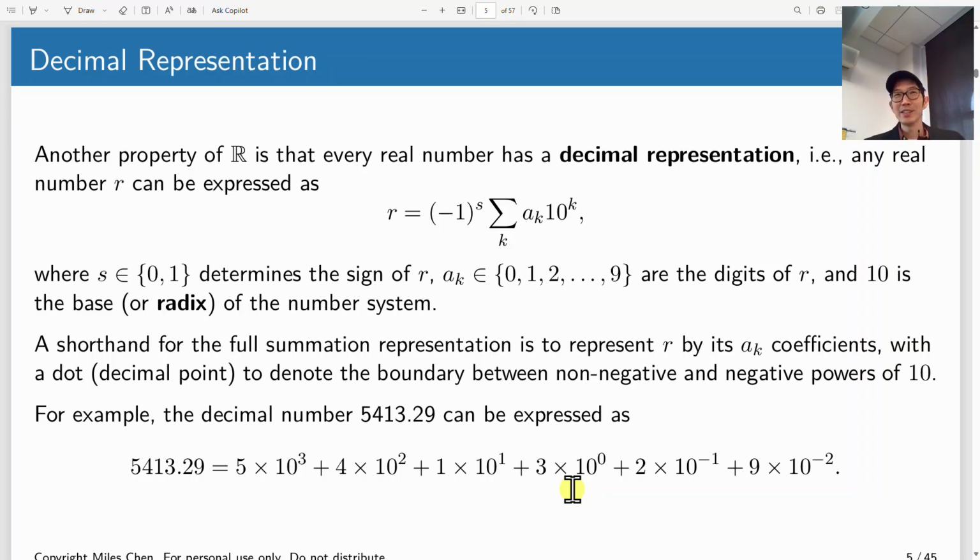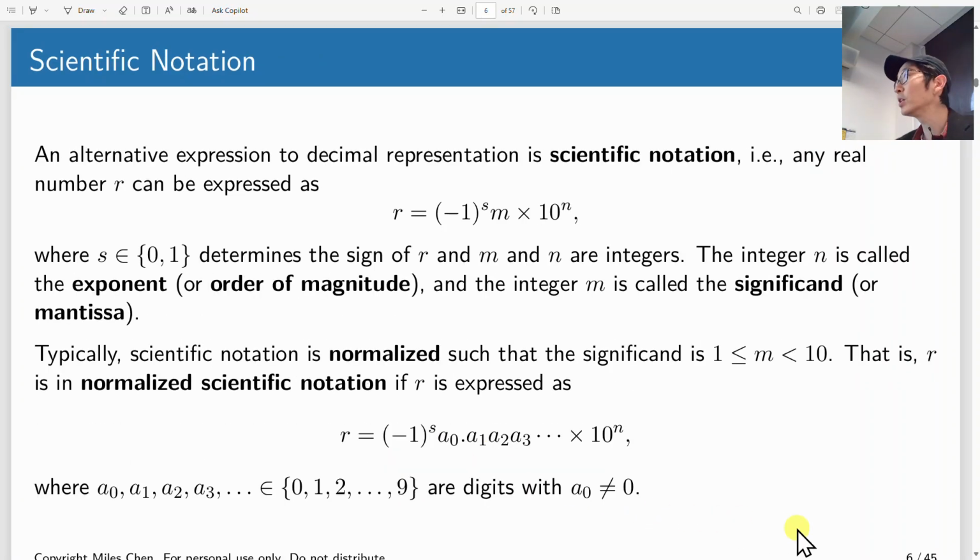Pi is known for having infinitely many decimals. It cannot be represented with a finite decimal representation, but there is a decimal representation. Decimal representation basically means you have powers of 10, so 5,413.29 is 5 times 10 to the third, 4 times 10 to the second, and so on. So every number we can represent with a decimal.